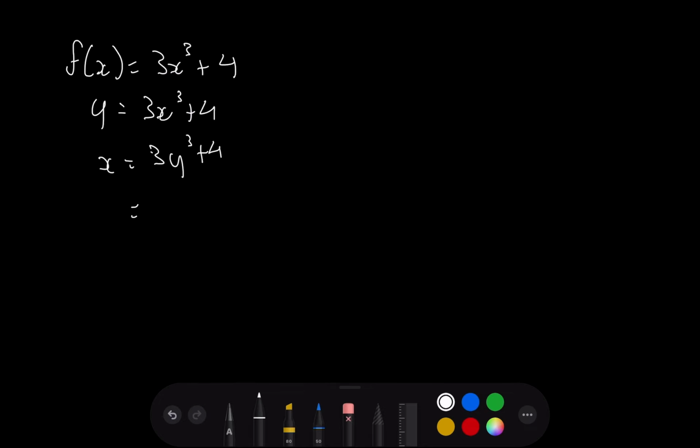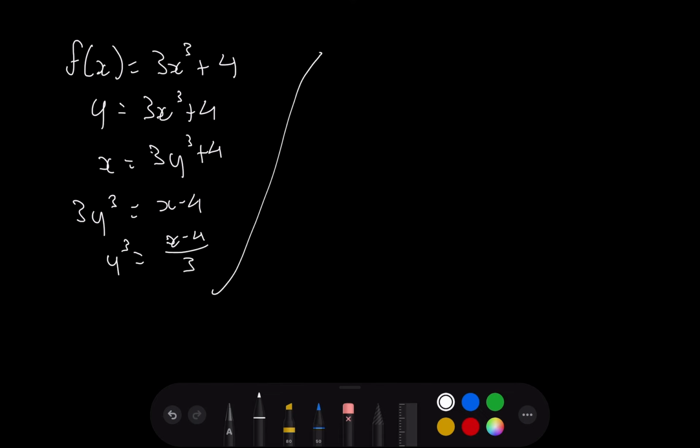So we would turn to 3y cubed is equal to x minus 4. Now we've isolated the term with y in it, and next we divide both sides by 3 to be left with y to the power of 3. So then this would become x minus 4 divided by 3.